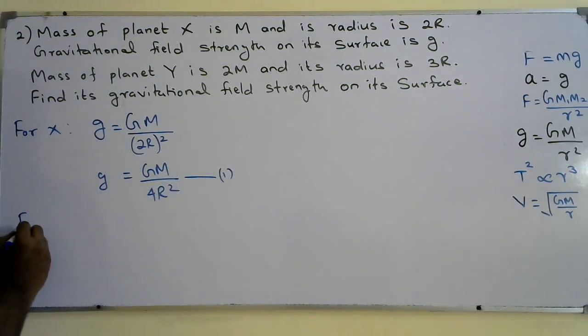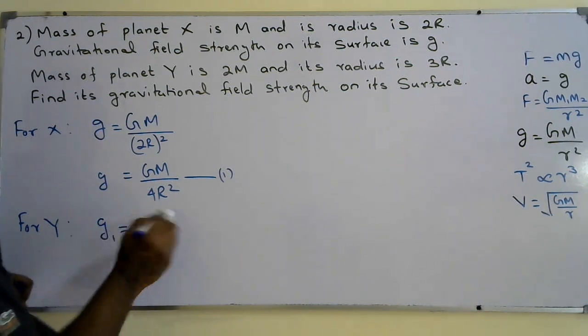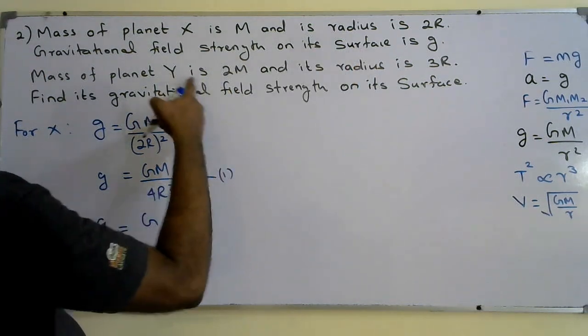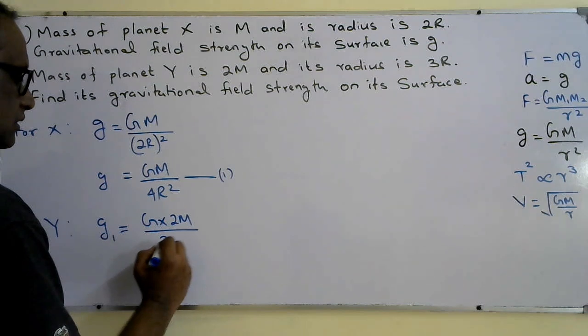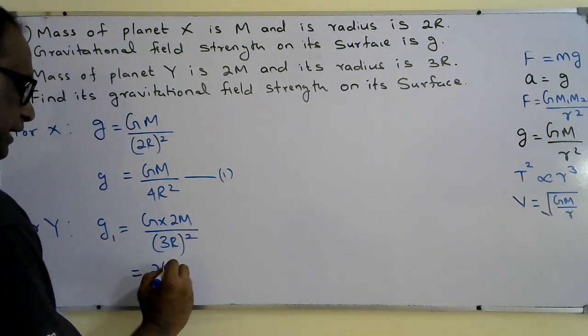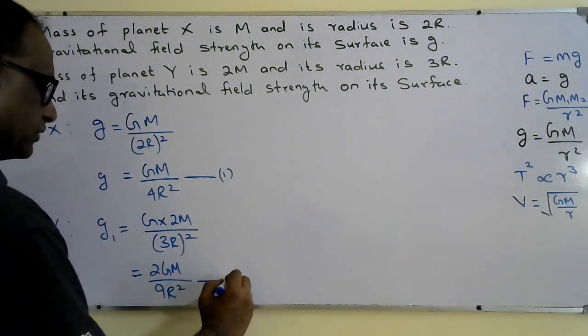First equation. For planet Y, I need to find g1. I'm going to use the same thing. Instead of mass, I should put 2m. G times 2m over (3r) all squared. So that will be 2GM over 9r squared.